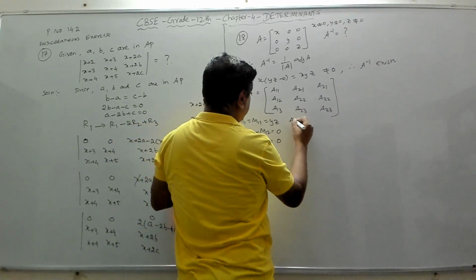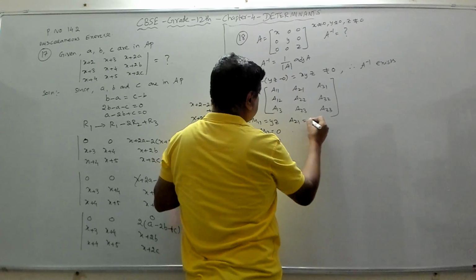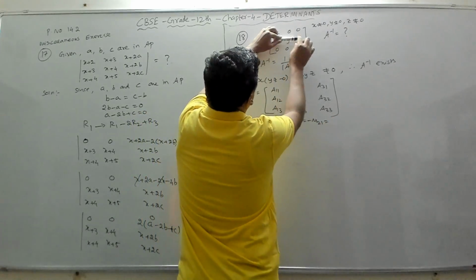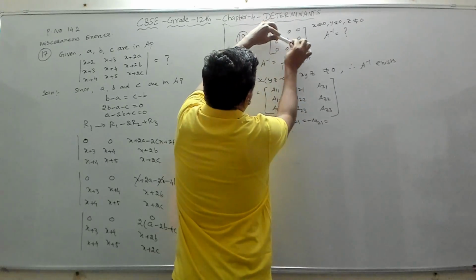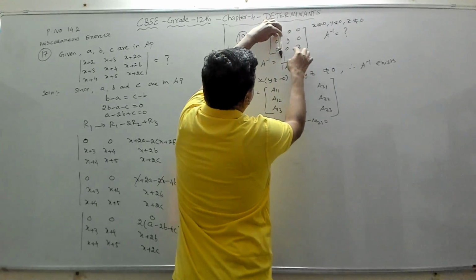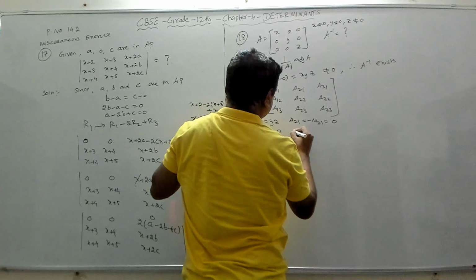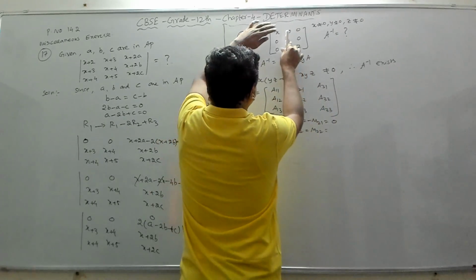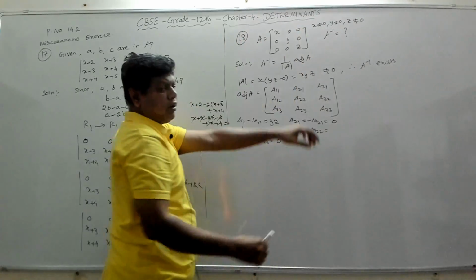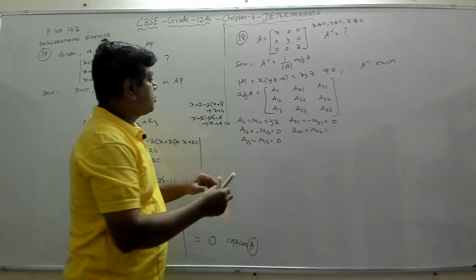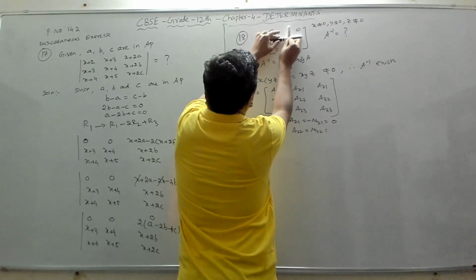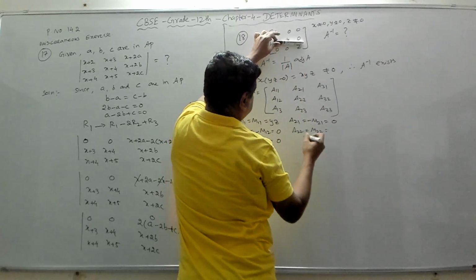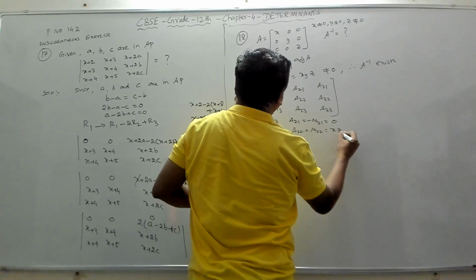Similarly, A21 is minus M21. We close this particular row and this particular column: 0 into z, 0 minus 0, so you get 0. For A22, that is M22, I close this row and column, so you get x into z minus 0 into 0, which is xz.